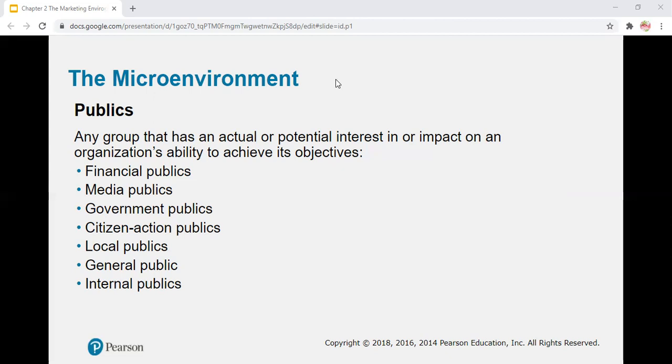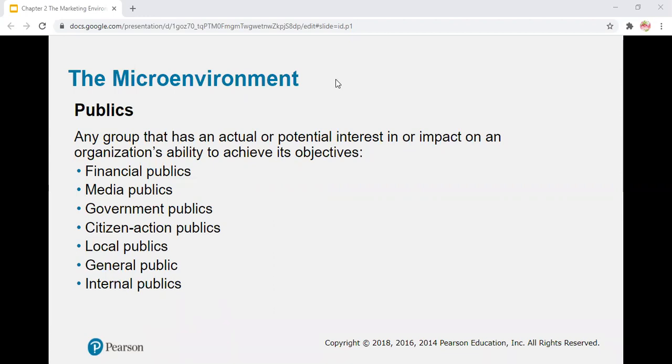When we talk about media publics, this group carries news features and editorial opinions. And the government publics: the management must take government developments into account.